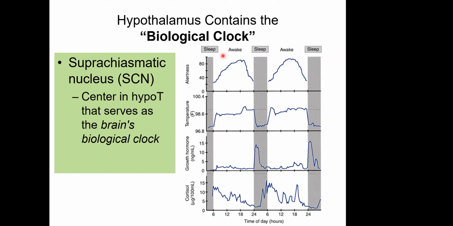So this is a rhythm that we're talking about, sleep-wake cycle, okay? And they have mentioned 4 things. There are many other things which are hormonal in nature and other functions of the CNS which follow this pattern, these rhythms.